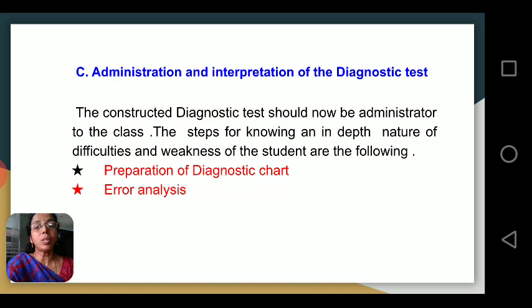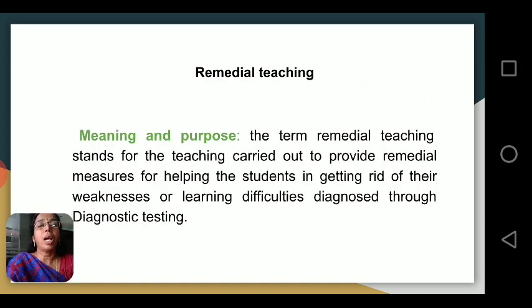And like this, you take the errors one by one from the diagnostic chart and hypothesize the probable causes of these errors. And after this error analysis, you have to design the remedial teaching.